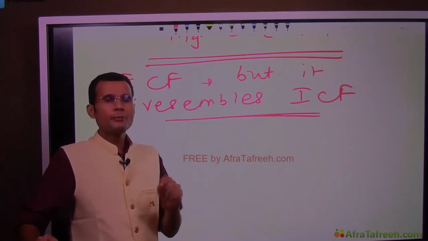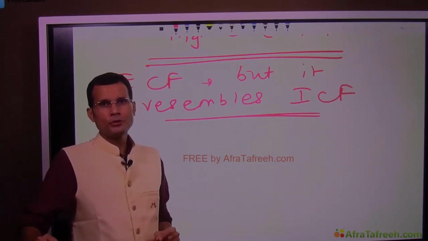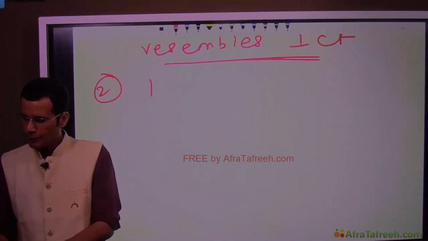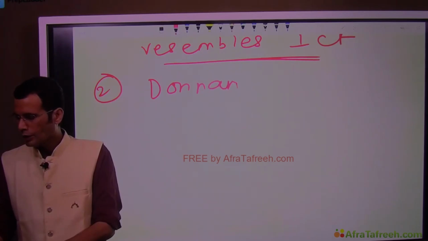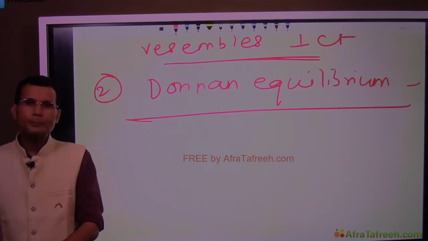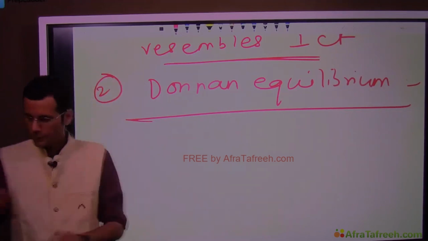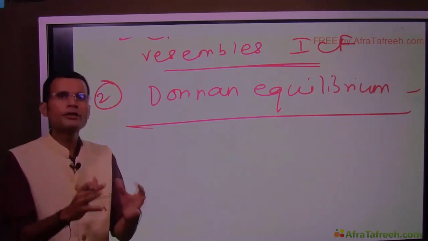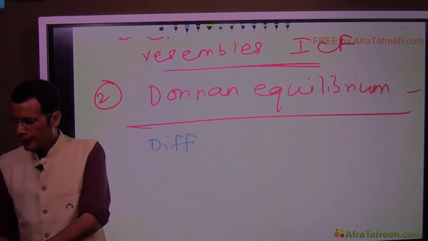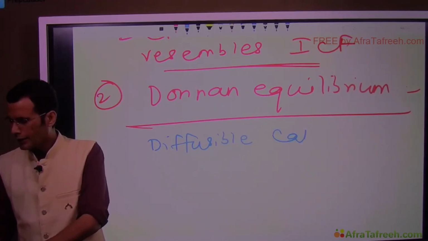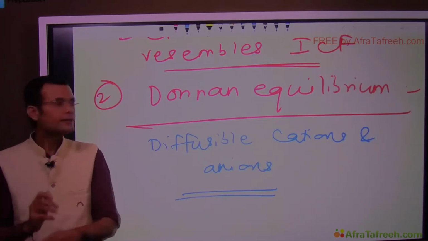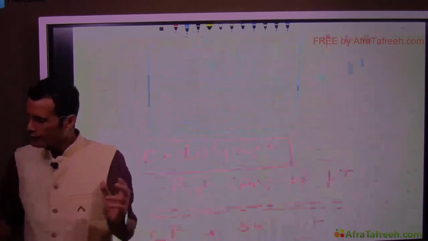Second point which I want to highlight conceptually is related to the equilibrium, commonly called Donnan equilibrium or Gibbs-Donnan equilibrium. Look, it's a concept that you need to understand clearly. There are diffusible cations and anions in both these compartments, the ICF and ECF.